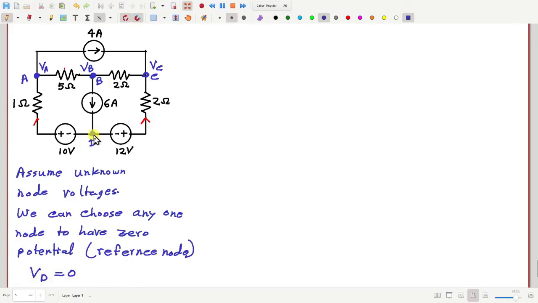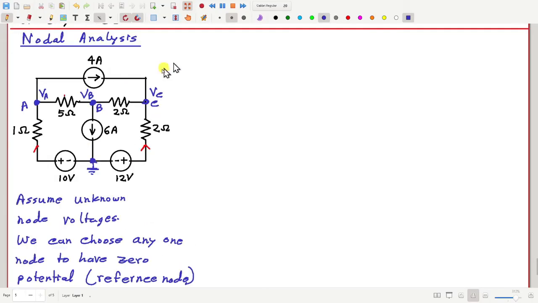So let's assume that this point is at the ground potential. Now we have three unknown potentials, VA, VB, and VC. We will solve these three unknowns using mainly Kirchhoff's current law. So next, apply Kirchhoff's current law at each node.